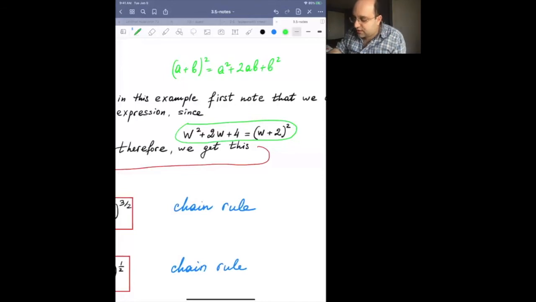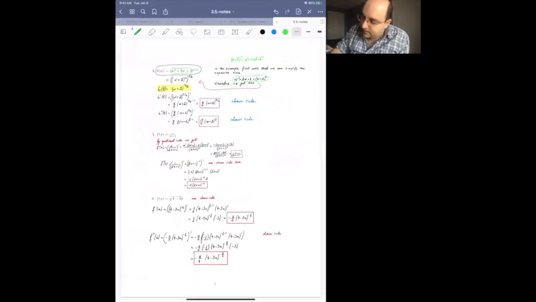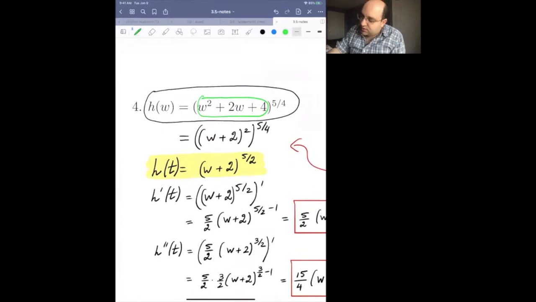So if we use a equals w and b equals 2, we get exactly the same expression on the right hand side here as what's inside of this parenthesis here. Okay, so therefore we can write this whole expression as w plus 2 squared to power 5 quarters.